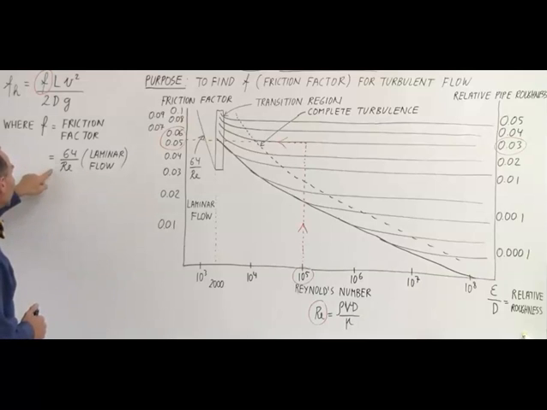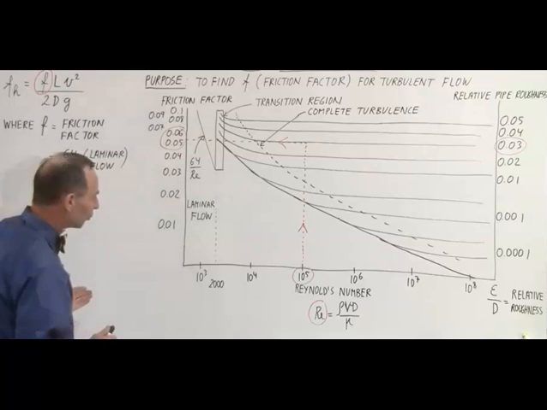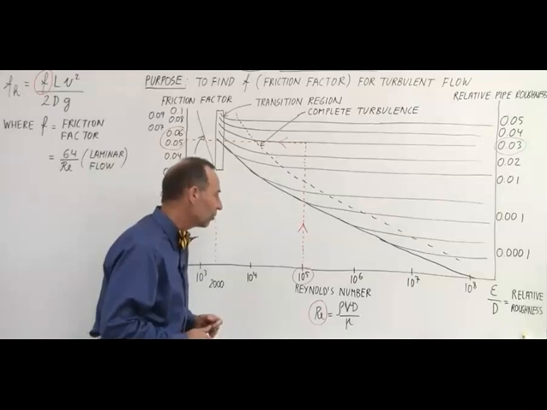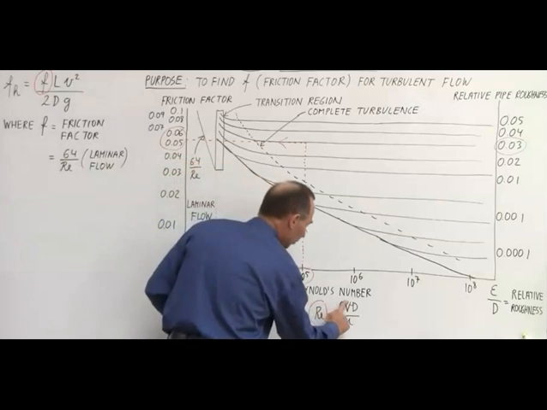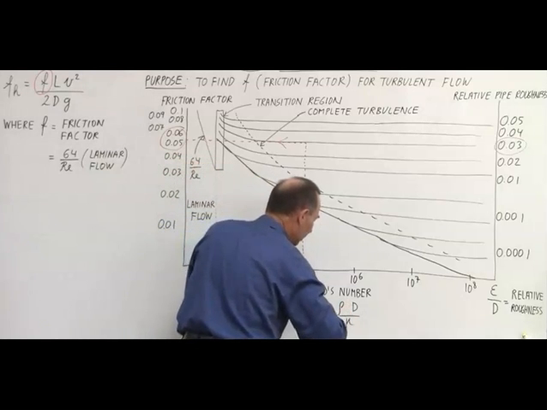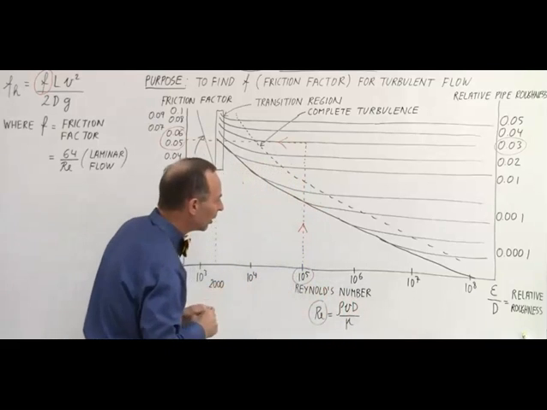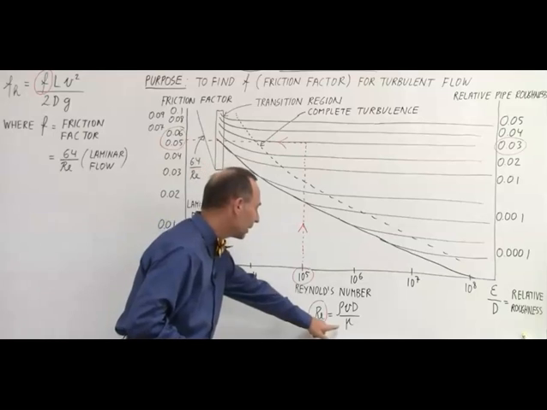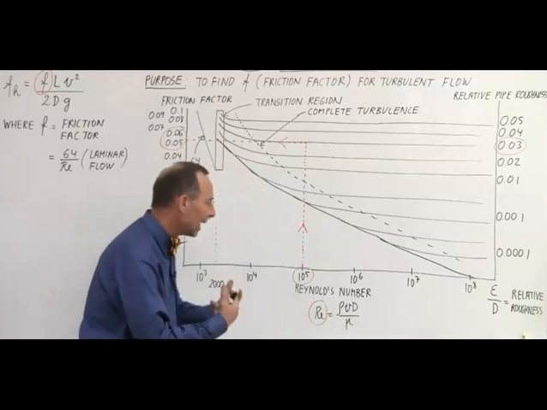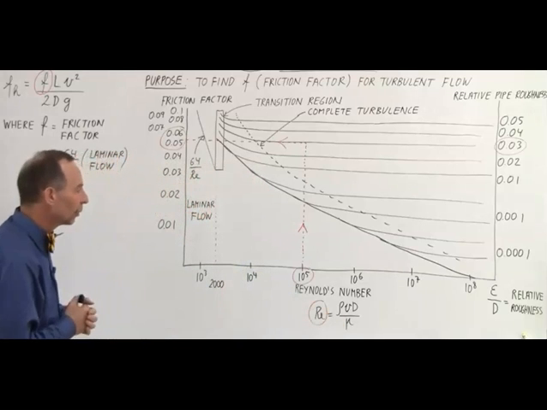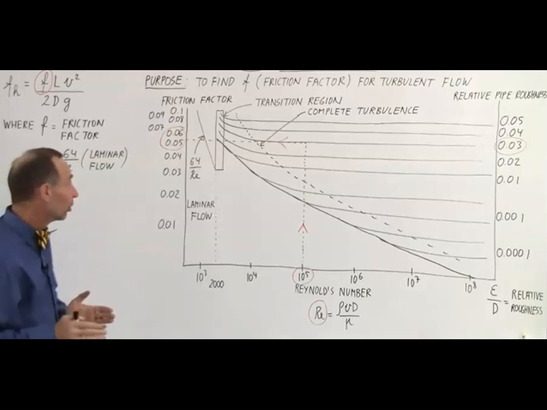And when the flow was laminar, we could calculate the friction factor by taking the number 64 and dividing it by the Reynolds number. Note that we can find the Reynolds number by taking the density of fluid times the velocity of the fluid, times the diameter of the pipe, divided by the internal viscosity or the dynamic viscosity of the fluid.